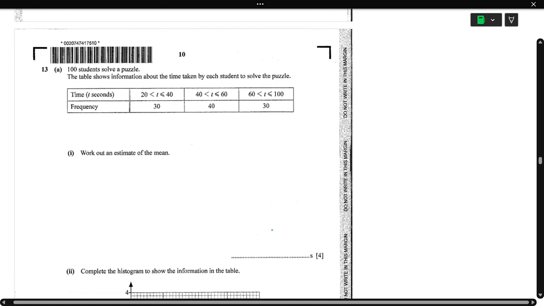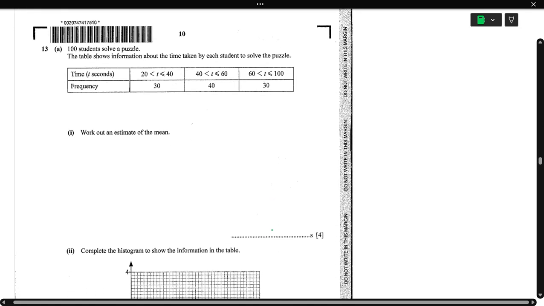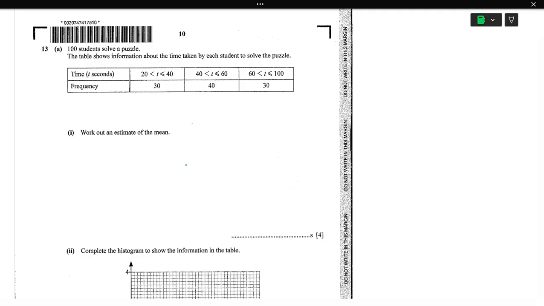Okay, question 13. 100 students solve a puzzle. The table shows the information about the time taken by each student to solve the puzzle. Okay, so work out the estimated mean. So when we need the mean, first we need to find the midpoints. 20 to 40, the midpoint is going to be 30. Here the midpoint is going to be 50.